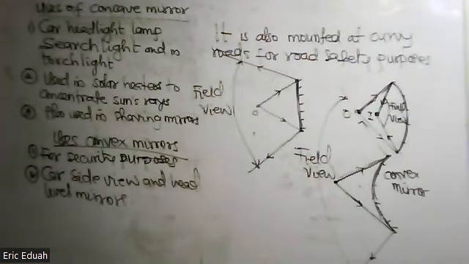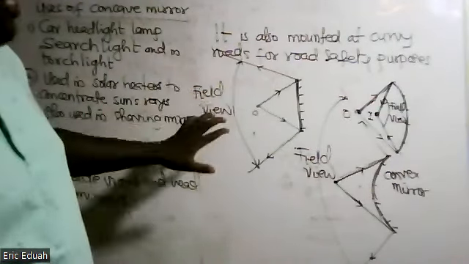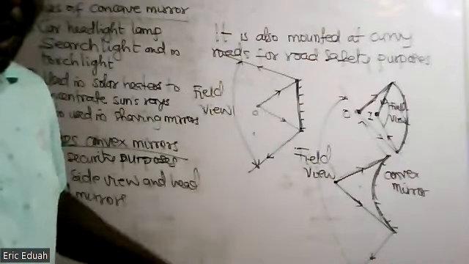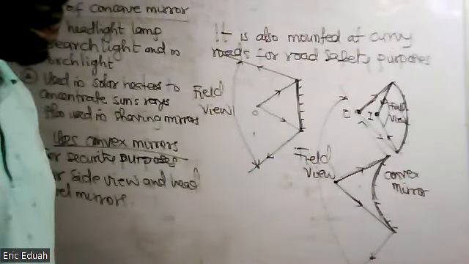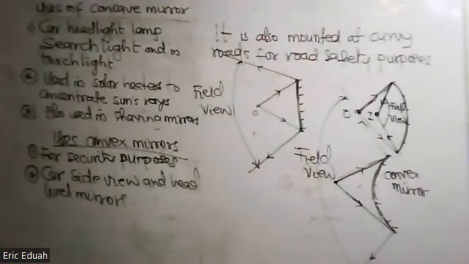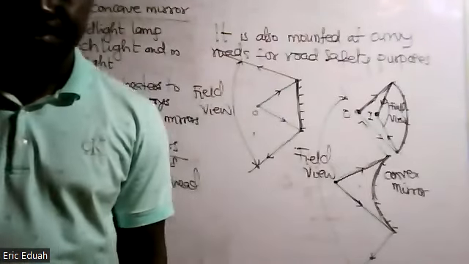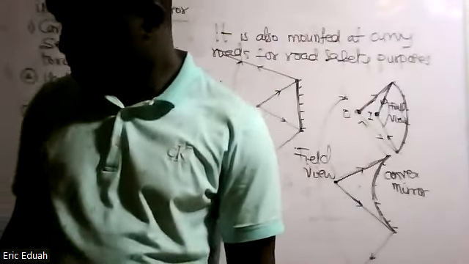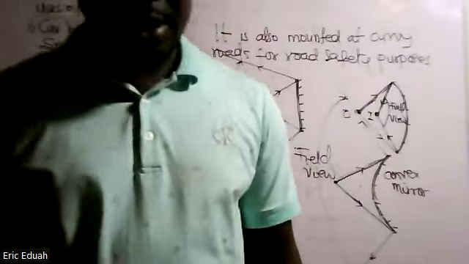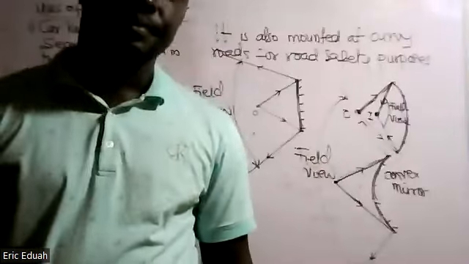These two are very examinable: the wider field of view, and the convex mirror always gives you an upright or erect image. Please, are we okay? We are saying the concave can give you both erect and inverted images. Yes.